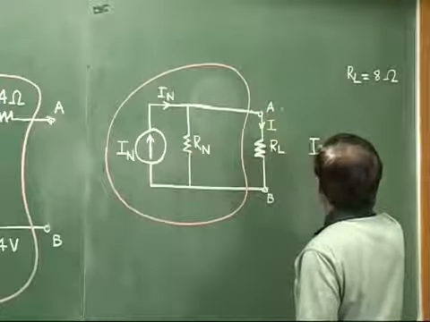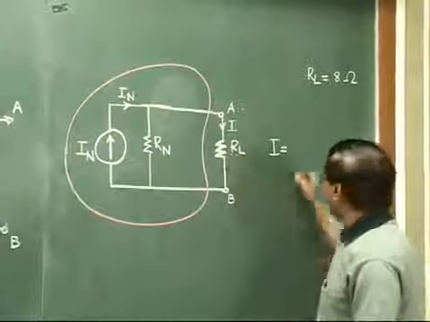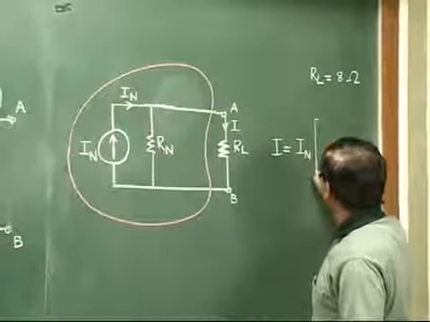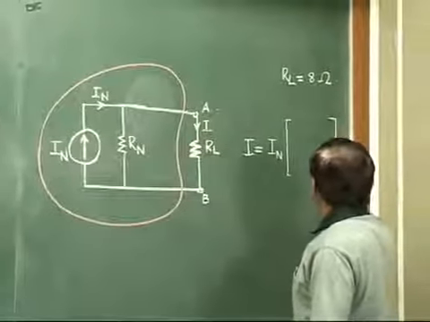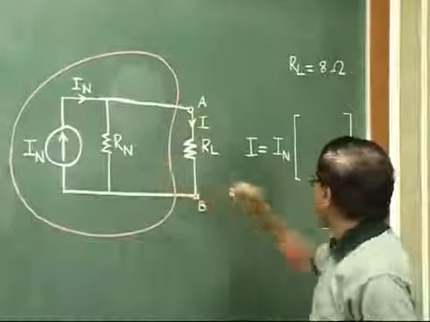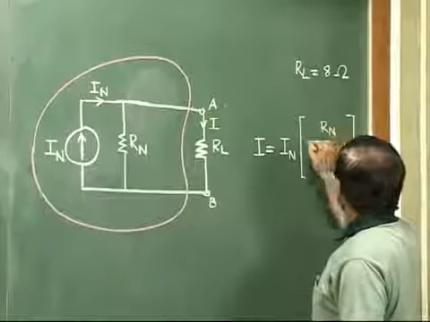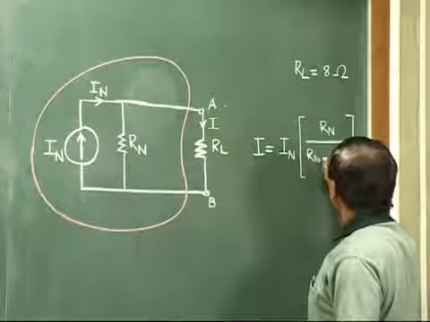By the simple formula for current distribution, this current I flowing through the load resistor would be the total current, which is IN, total current coming towards the parallel combination, times, in the numerator, RN, and in the denominator the sum of the 2, that is RN plus RL.